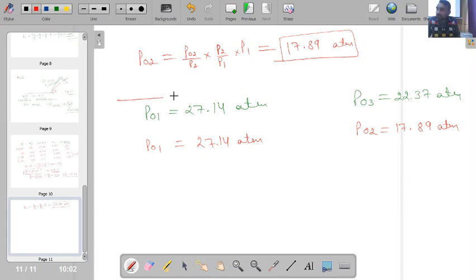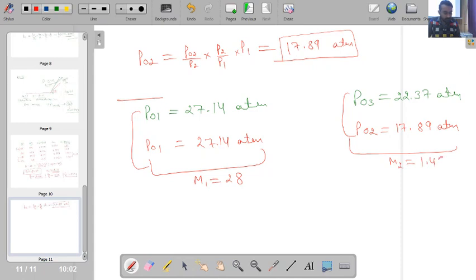In this case also my upstream Mach number was 2.8 for both cases, and here downstream Mach number for both cases is 1.45. Fine. So, sorry, 2.8 and 1.45.